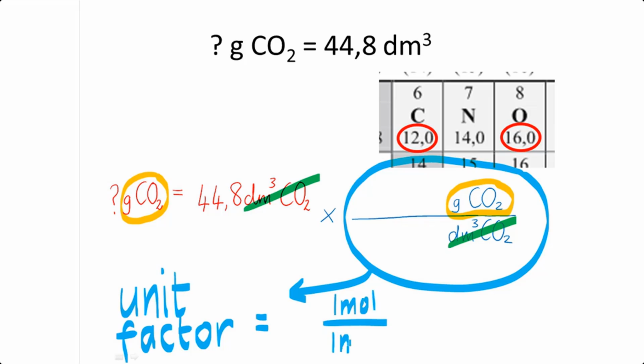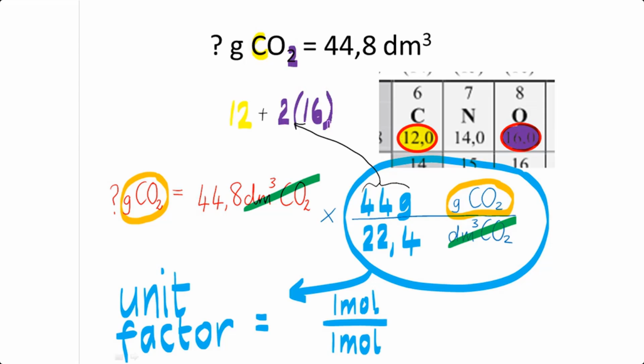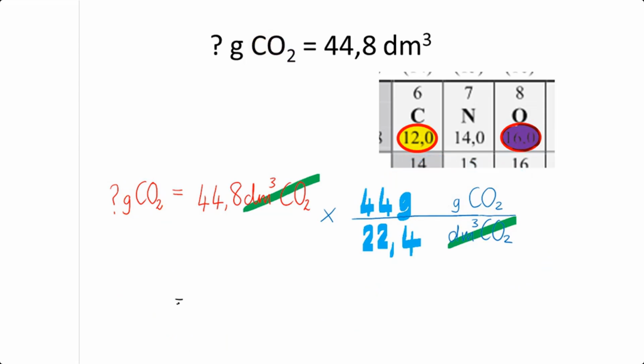Both top and bottom refer to a mole. So a mole of carbon dioxide at STP has a volume of 22,4 decimeter cubed, and a mole of carbon dioxide has a mass of 44 grams. Remember that we get from the periodic table 12 for the carbon plus 2 times 16 for the 2 O. We do the calculation and we find the answer, 88 grams carbon dioxide.